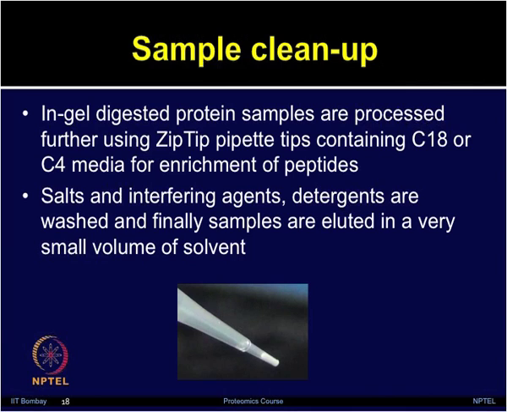The in-gel digested proteins can be cleaned up by processing them further using ZipTip pipette tips, which contain C18 or C4 media for enrichment of the peptides. Salts, interfering agents and detergents are washed away, and finally the samples can be eluted in a very small volume of solvent. The ZipTip is a very small tip-like device for removal of salts as well as other interfering components from the protein sample, and it is performed before injecting the sample for mass spectrometry analysis.